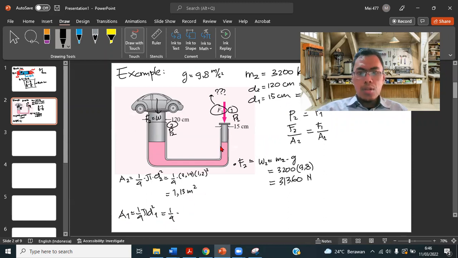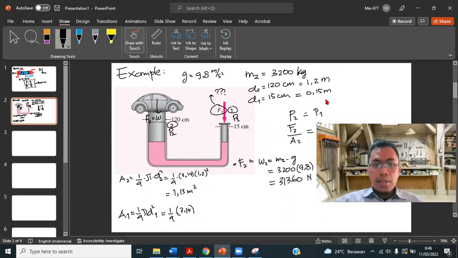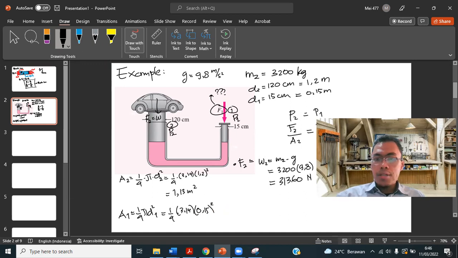And then for A1, 1/4 times pi times D1 to the power of 2. 1/4 of 3.14, and this one to the power of 2. Don't forget to put the power, because sometimes students are careless, and I found that students forget to put this one.